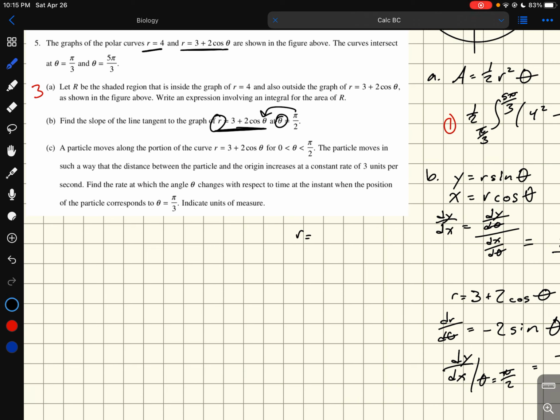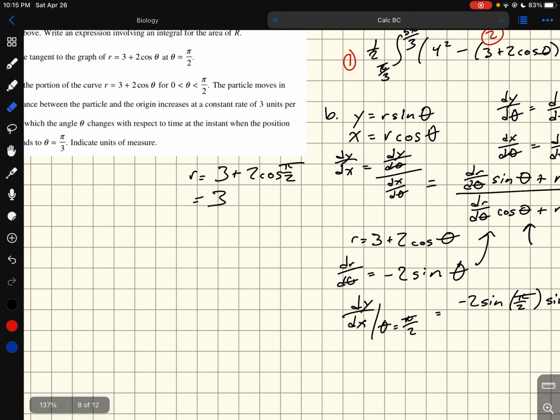So r is equal to 3 plus 2 cosine pi halves, which is cosine of pi halves, that's right here on the unit circle, and that is (0, 1). And cosine is the x value, so cosine of pi halves is 0. So 2 times 0, this is 0. So we just have a 3. So that means our r is equal to 3.